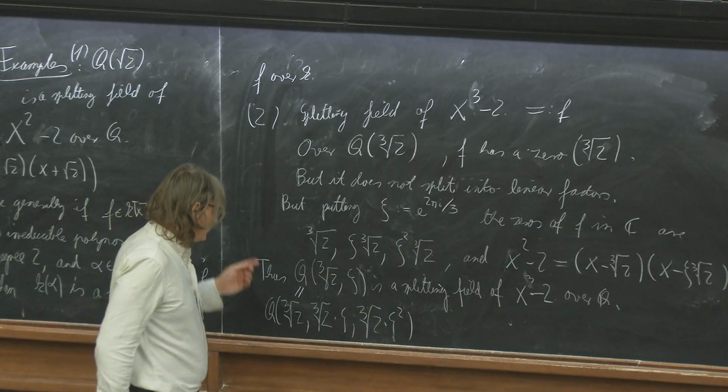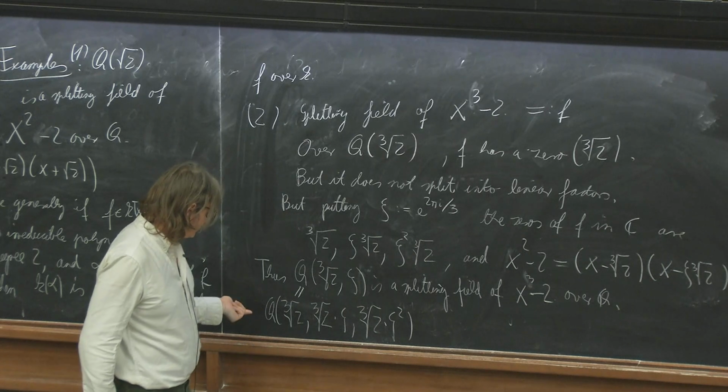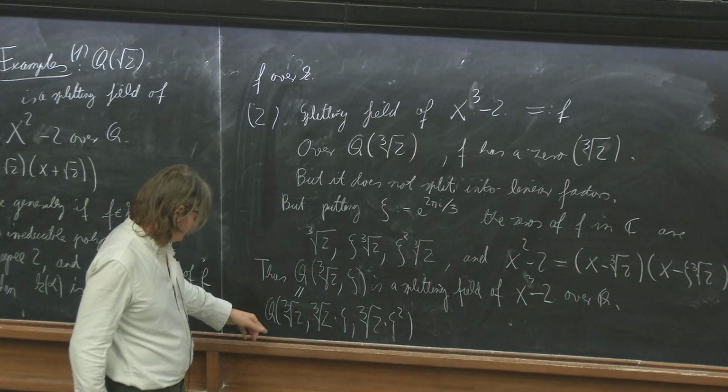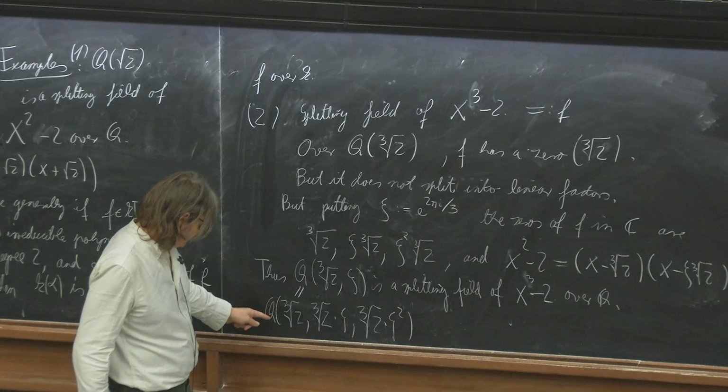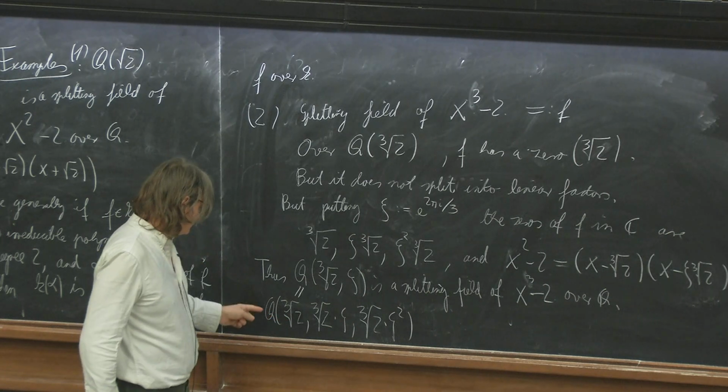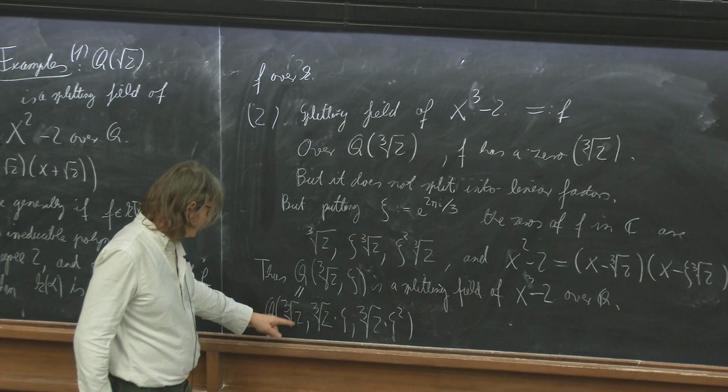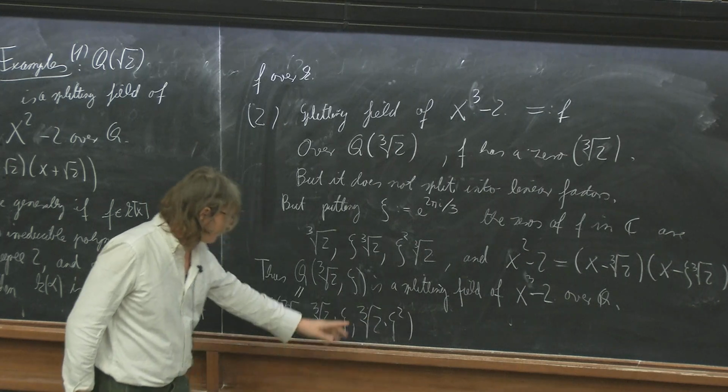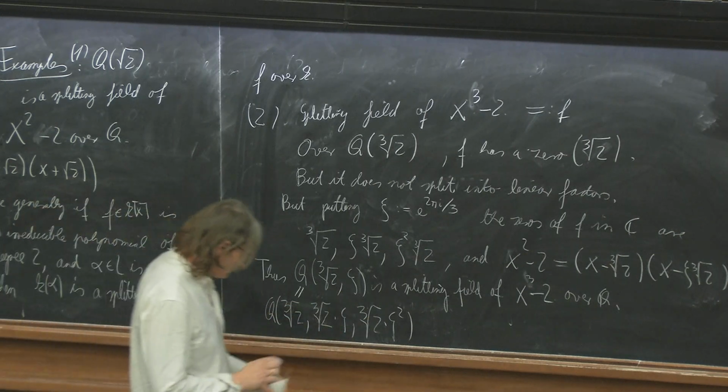And we know that if it splits over a field, then the splitting field is the one which is obtained by joining to the ground field just the roots of the polynomial. And this is what we're doing here. So this is the splitting field.